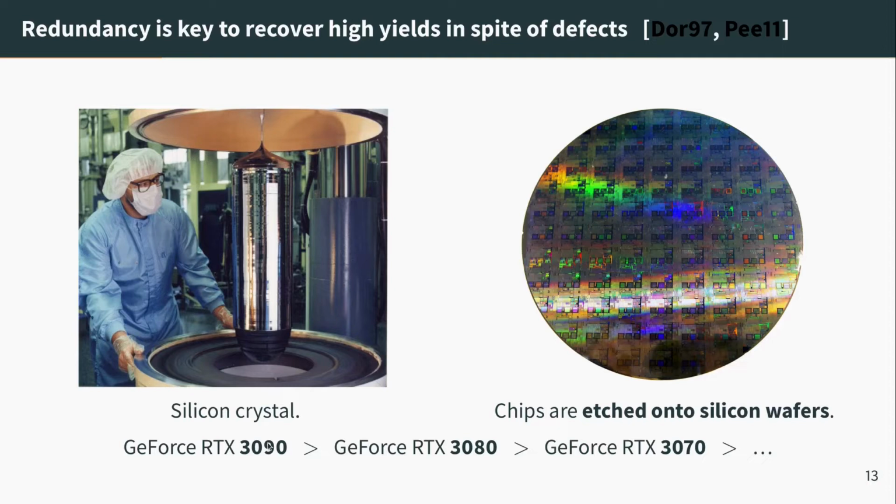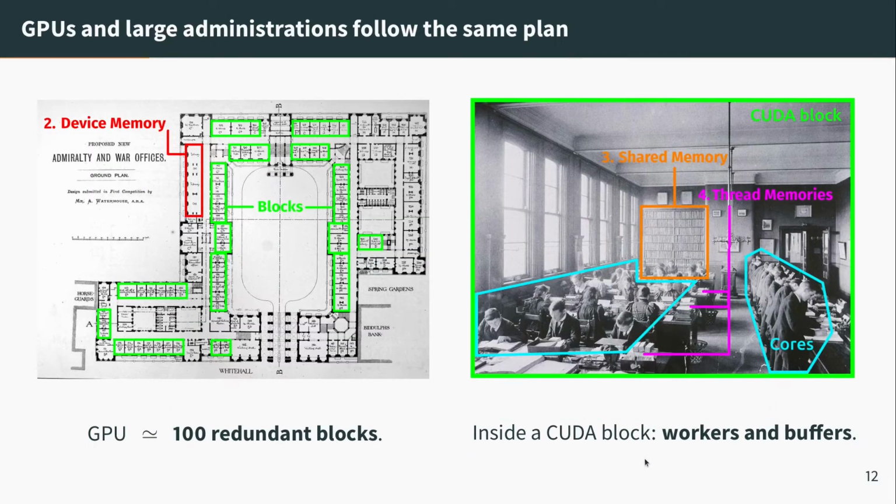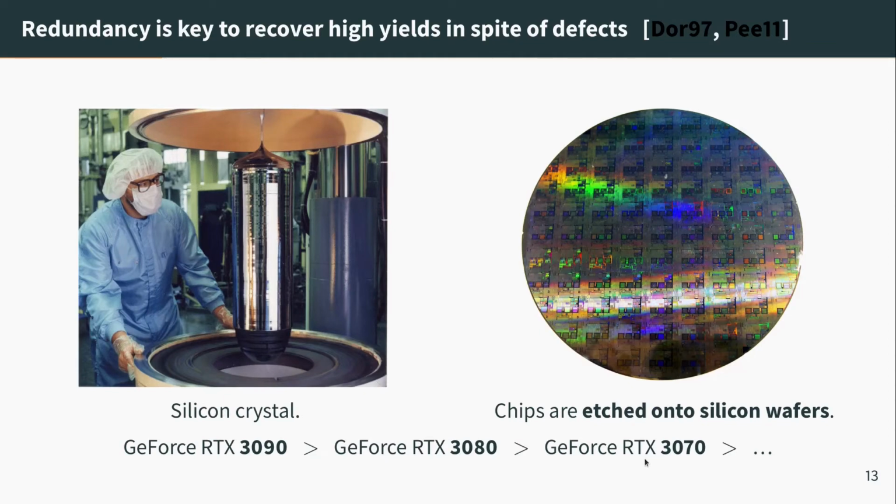And then the chips where you have only 80 cores, 80 blocks that are working out of 128, they are marketed as RTX 3080, and then below and below, 3070, etc. And so it's very important to have this redundancy. Otherwise, NVIDIA would have to scrap essentially 95% of all chips that are produced, and so they wouldn't turn a profit.